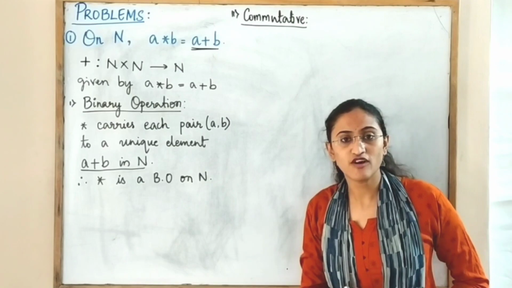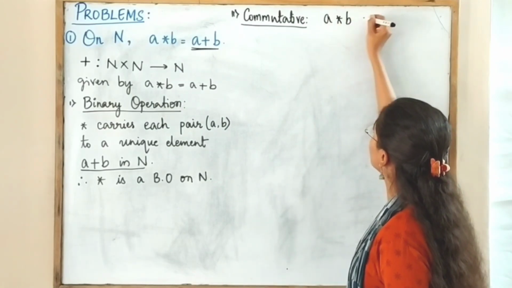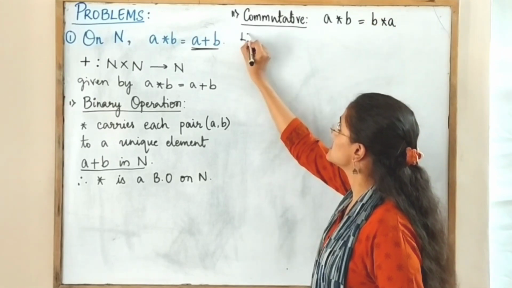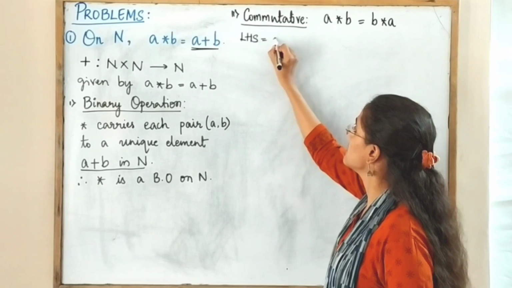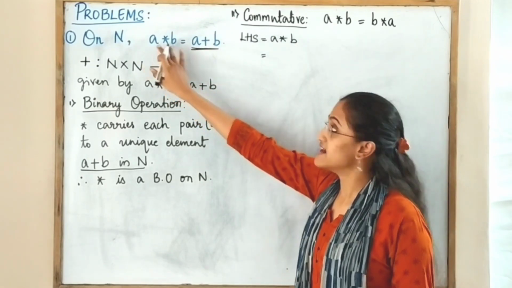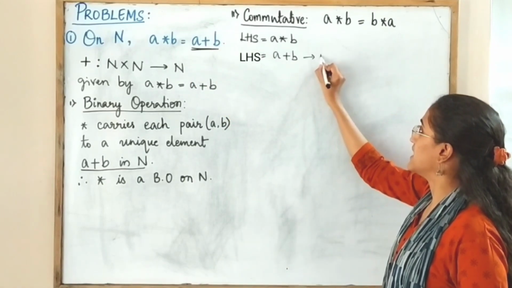According to the rule of commutative, we have to prove that A star B will be equal to B star A. Now let us start with the first, that is LHS, that is A star B. Now A star B is defined as A plus B. This is our LHS.